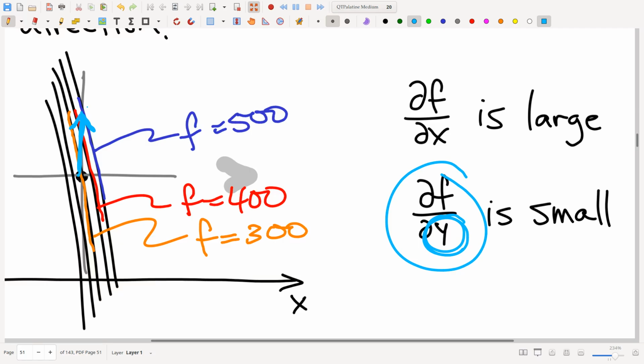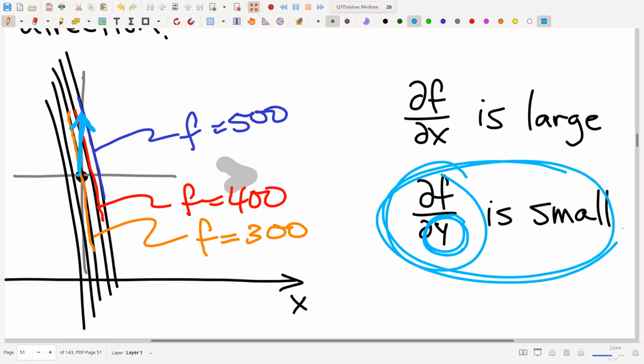Oh, that's my kind of hike at this point, right? I don't want to go straight up the cliff. I want to walk around, right? I want the longer, more circuitous, more leisurely way of getting up to that higher altitude, spread out over a greater distance. That means it's not as steep. That means the graph is not as steep. That means that the partial derivative is smaller. What do you think?